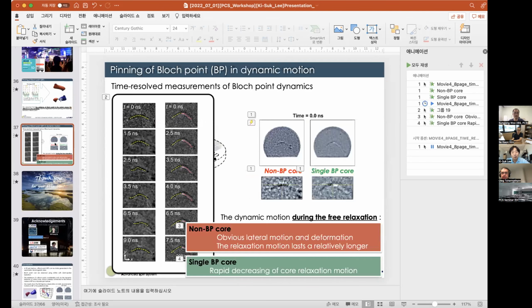So this is what we understand about the role of pinnings of the Bloch point. And you and Suk Lee Kim address about that. So can you estimate by how much the Bloch point is moving? It's not easy to measure. Our resolution is about 25 nanometer, but the atomic structure is about the Ångström scale.